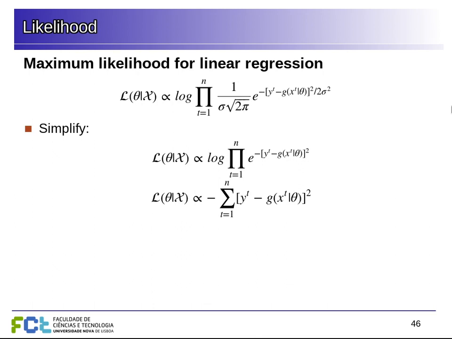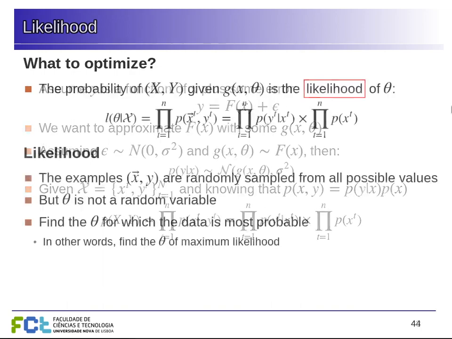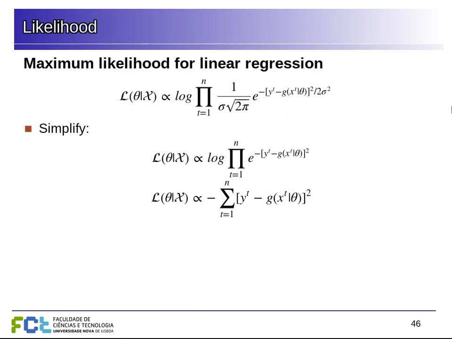Basically, what this means is that if we have a regression problem and we assume that the value we're trying to predict is affected by some randomly distributed error over some function that we're trying to approximate, then the maximum likelihood solution for the parameters of that function to train our model corresponds to minimizing the quadratic error. So the sum of the squares of the difference between the actual values that we have in our training set and the values that are being predicted by our model with those parameters.